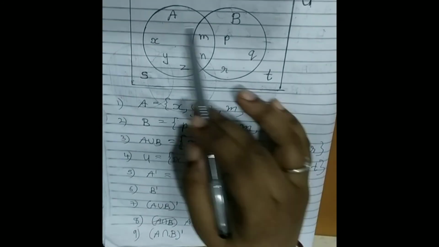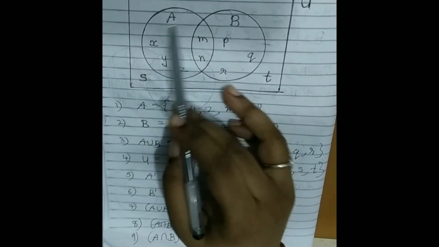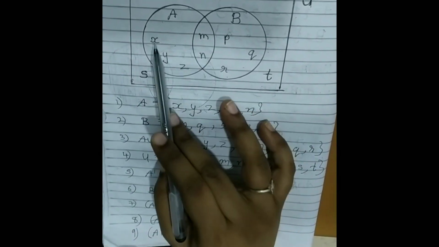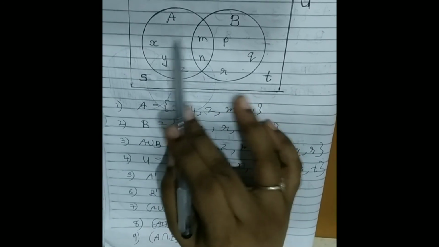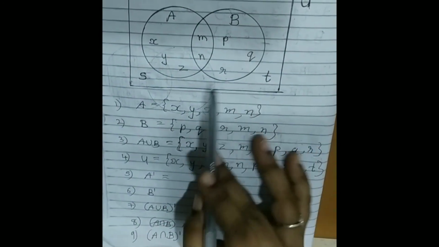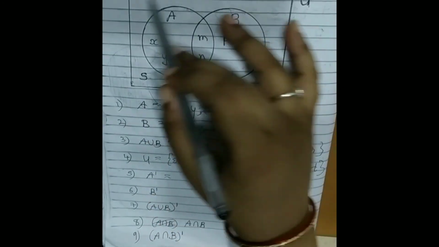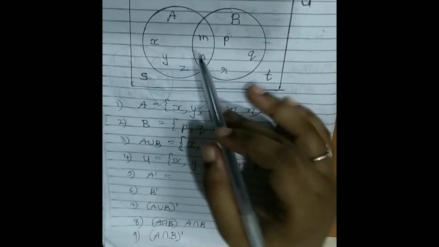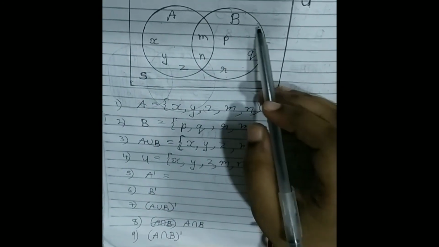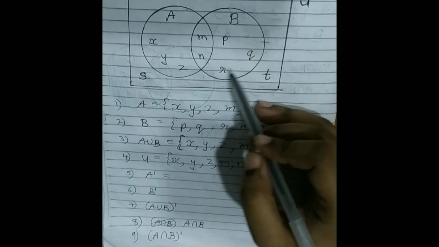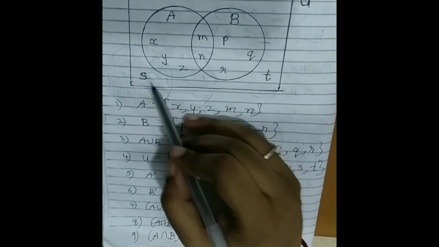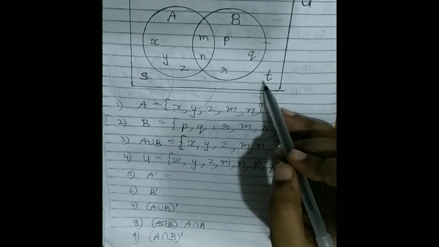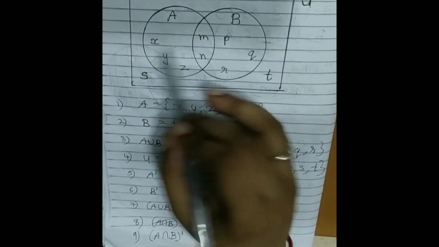A complement means elements which are not in A, but which are there in U. Elements which are outside A. So what are the elements? P, Q, R and S, T. Those are the elements which are not in A.